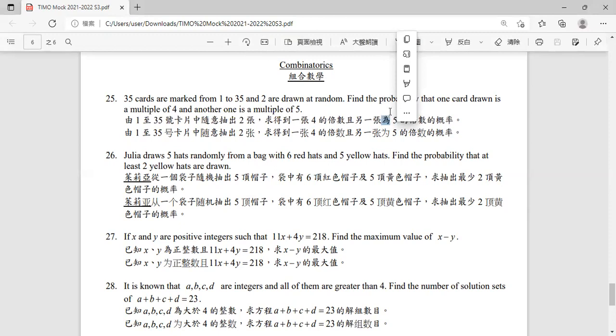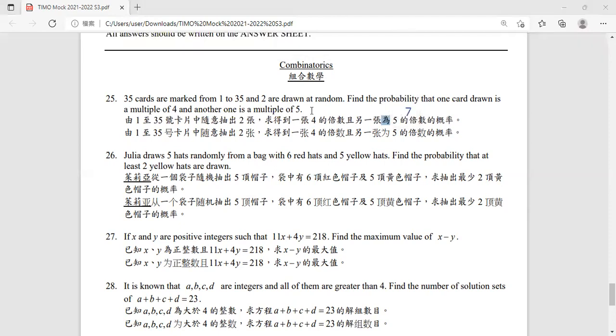For multiples of 4, there are 8 cards. But there is one card that is both a multiple of 5 and a multiple of 4, which is 20.